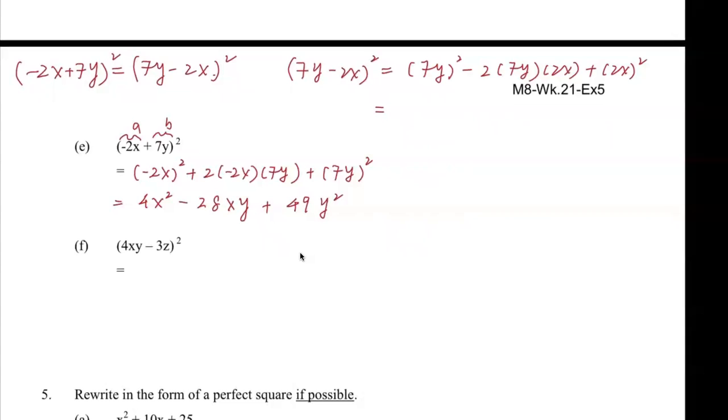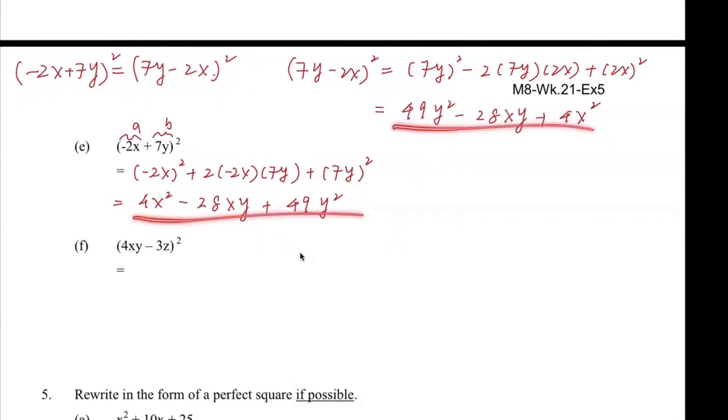And this is equal to (7y)², that's 49y², minus 2 times 7y times 2x, that's 28xy, plus 4x². So if we compare these two expressions, we will realize that they're equal.